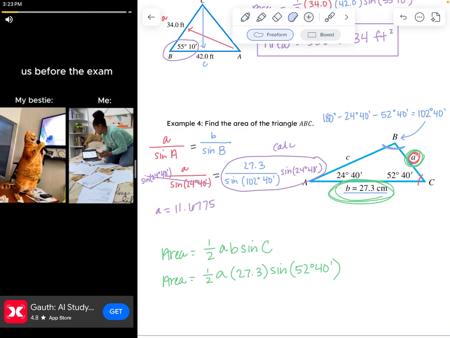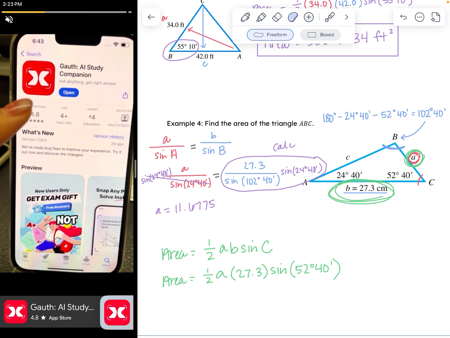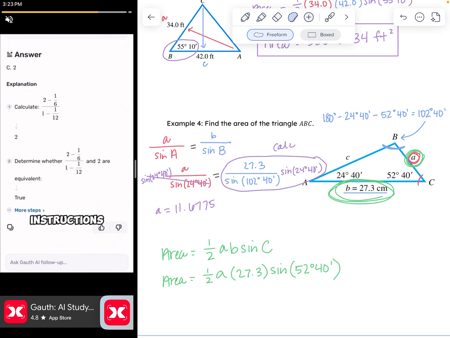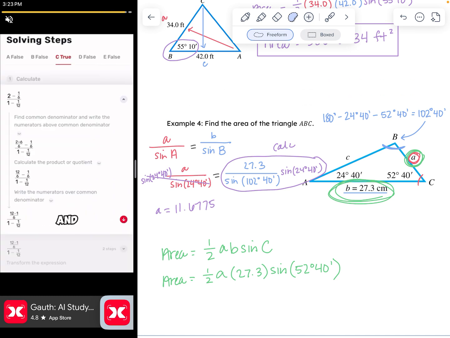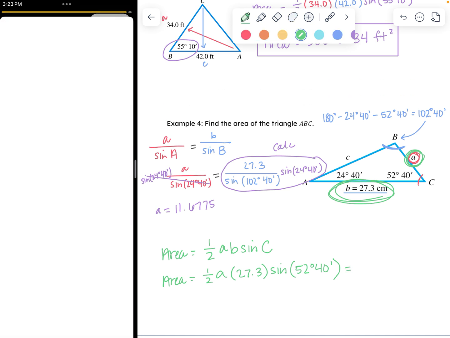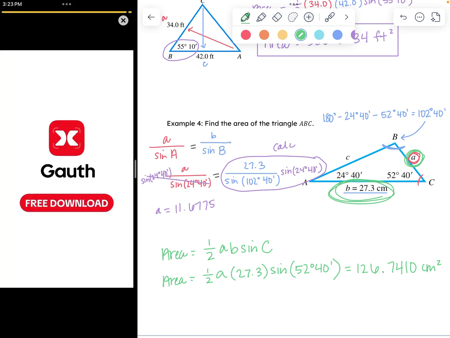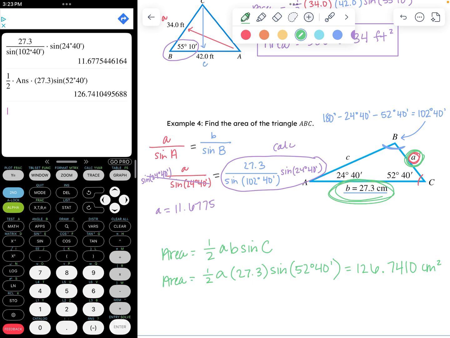Okay, so you should get an answer, and it should be about 126.7410 centimeters squared. Yep, there we go. And hopefully you're using an actual calculator instead of the app, so you don't have to worry about weird ads like I do.